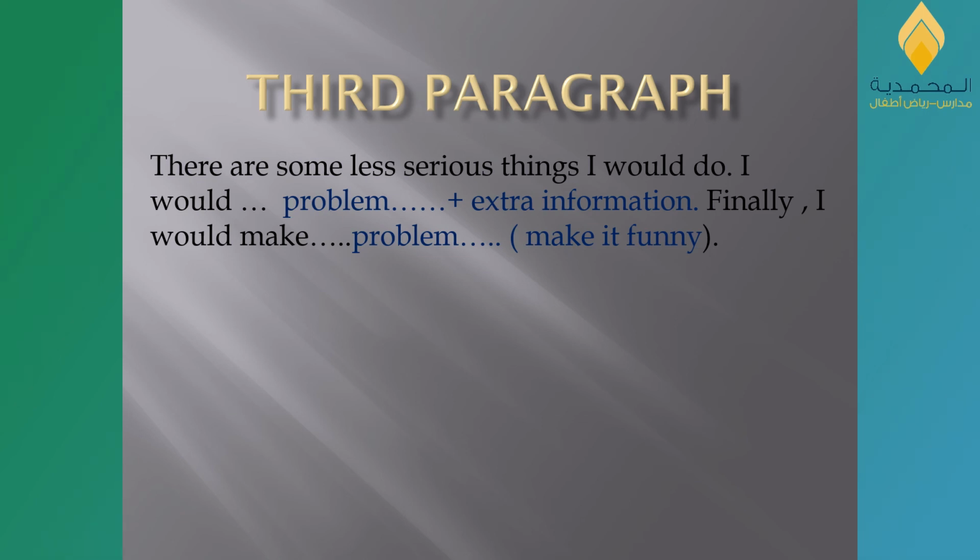Say the problem, give us some extra information about it. Finally, mention a problem, but make that problem a bit funny, just to break the ice of the essay. How do you structure that sentence? Just say, finally, I would make, and mention that problem in a funny way. This is all for the third paragraph.